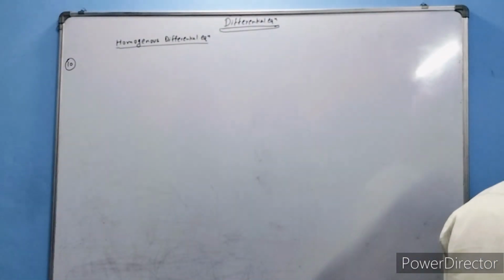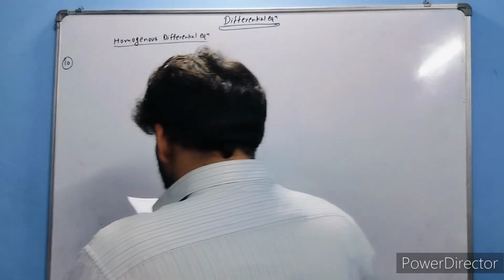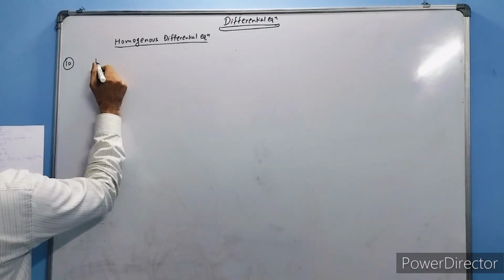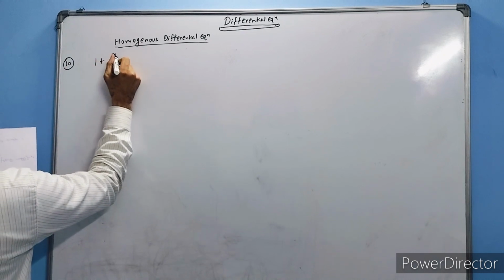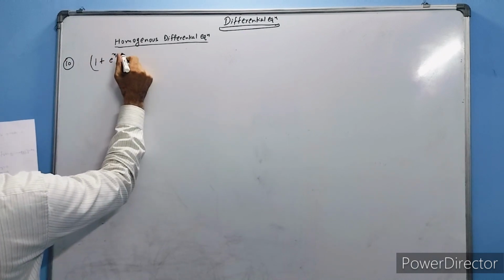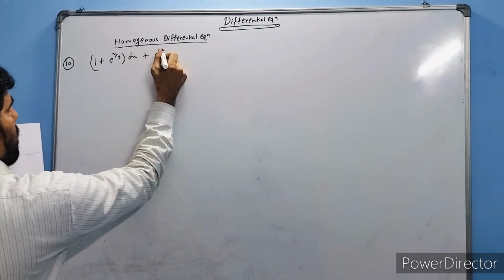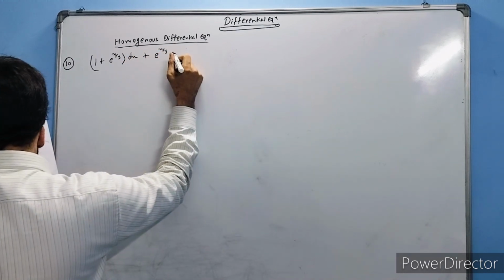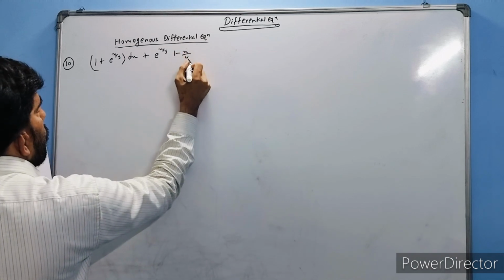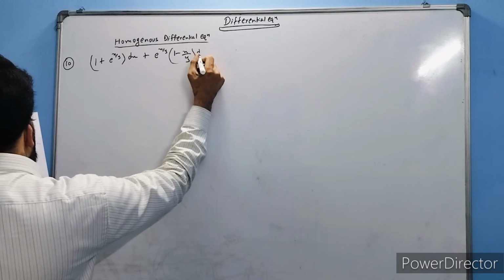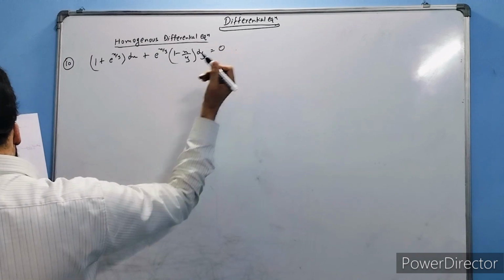That is (1 plus e raised power x upon y) dx plus e raised power x upon y (1 minus x upon y) dy is equal to 0.